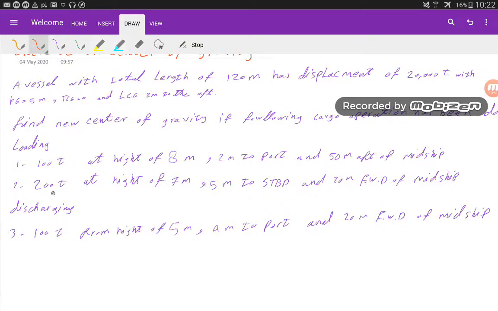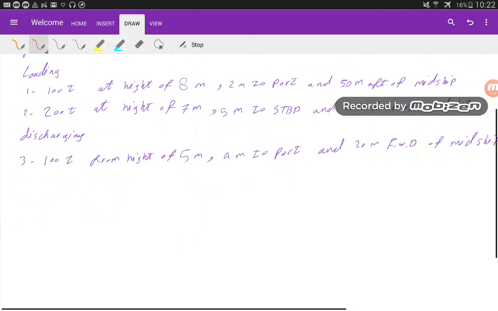Another cargo, 200 tons at a height of 7 meters, 5 meters to starboard, and 20 meters forward of the midship. And you are going to discharge 100 tons of cargo from a height of 5 meters, 4 meters to the port, and 20 meters forward of the midship. Let's review to practice.